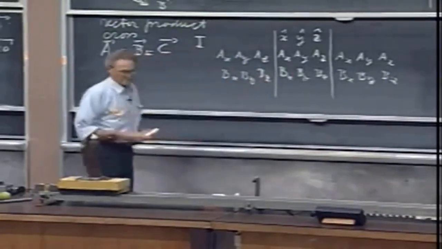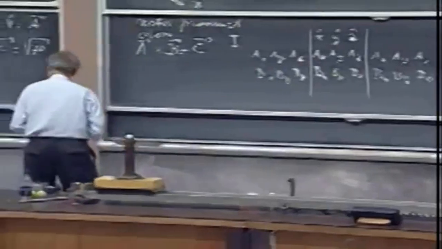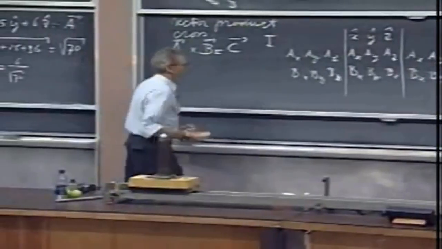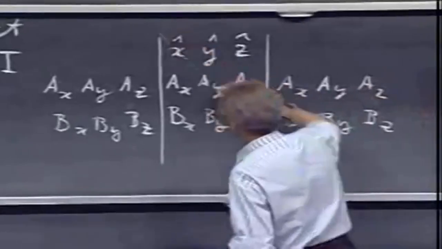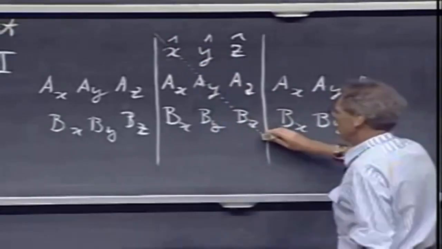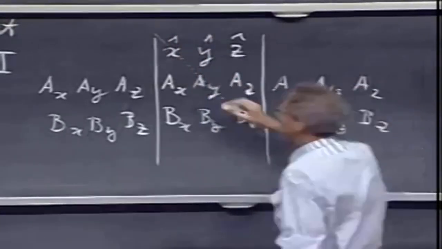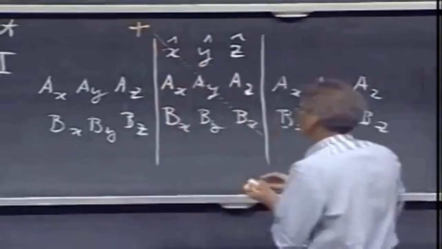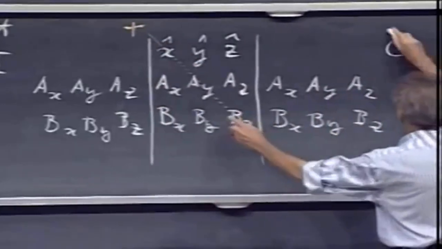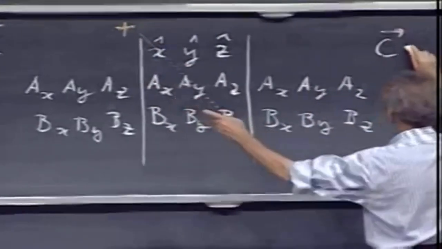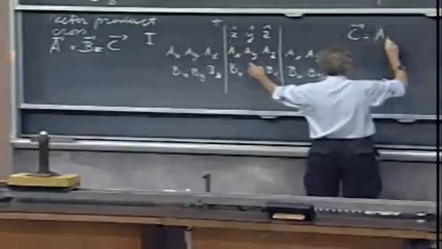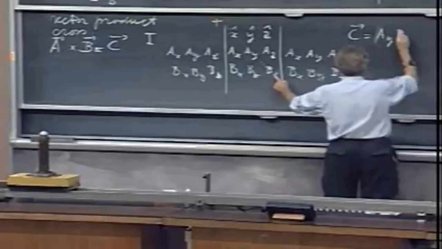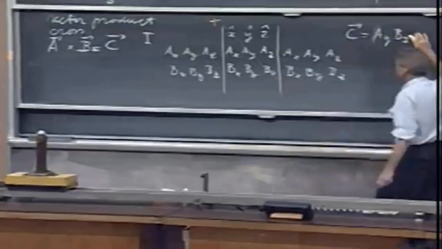Okay, and now comes the recipe. You go from the upper left-hand corner to the one in this direction. You multiply them all 3, and that's a plus sign. So you get C, which is A cross B, equals AY times BZ times the X roof.